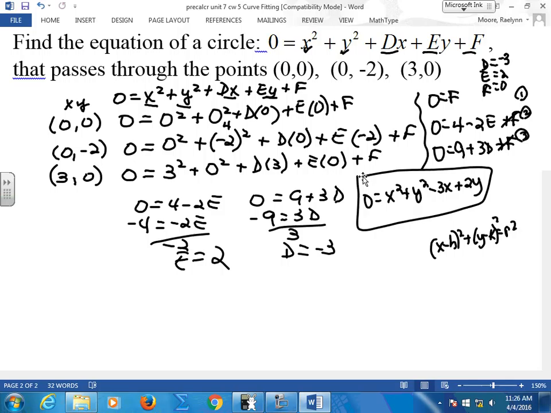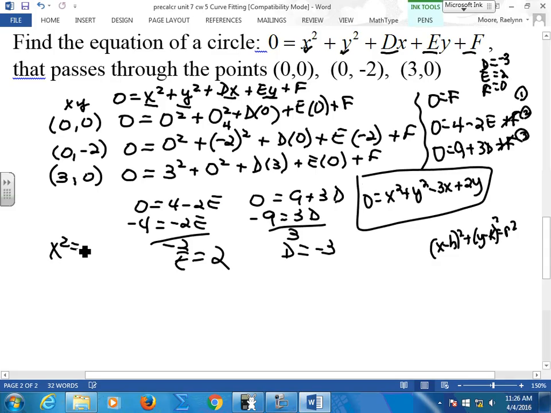The circle, even though it looks worse, kind of takes care of itself a lot, because if you think about a circle, if I gave you x squared plus y squared equals, let's make life easy, x squared plus y squared equals 9, what's your radius? 3. What's your center? 0, 0. So when you graph this, this is a point that I recognize.